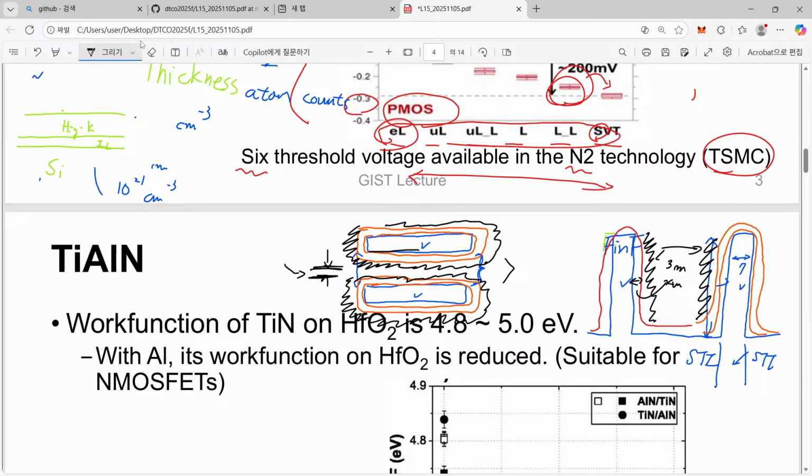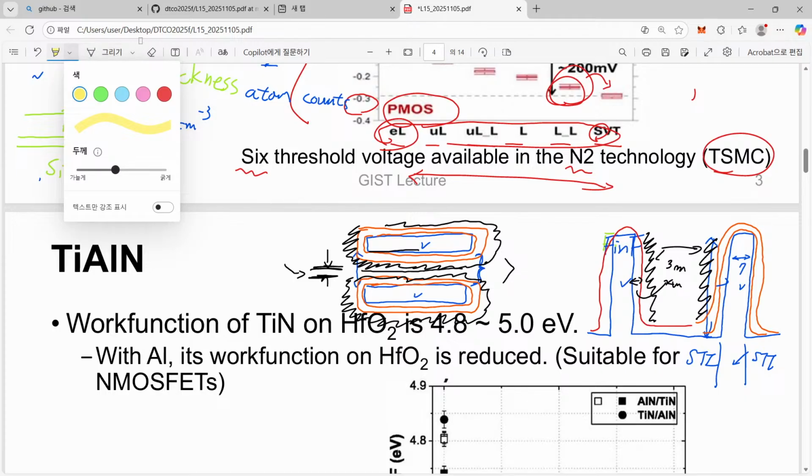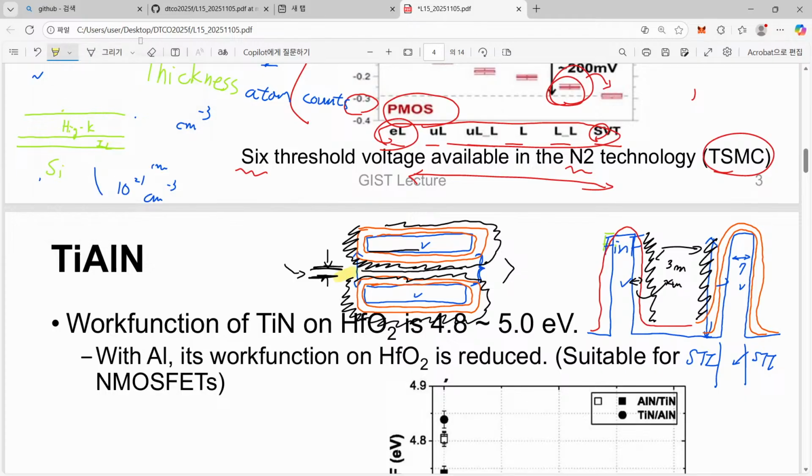Once we introduce this black one, which is introduced to control threshold voltage, then eventually we have to fill the remaining part with the bulk metal. This black one is just to control the threshold voltage.